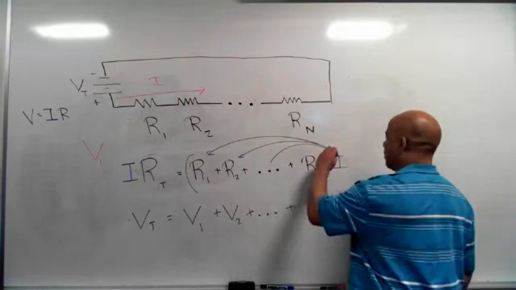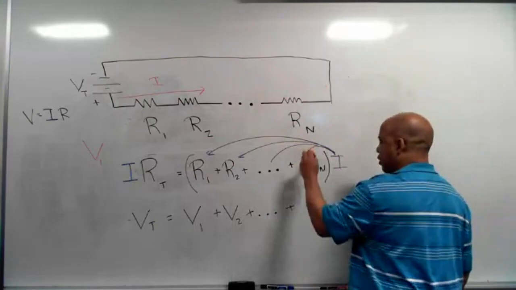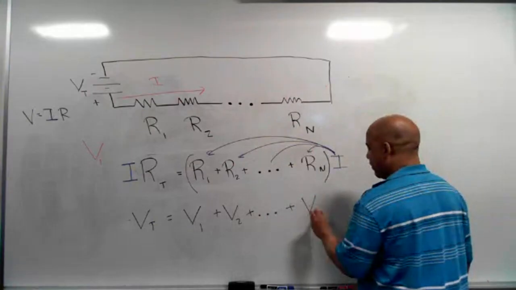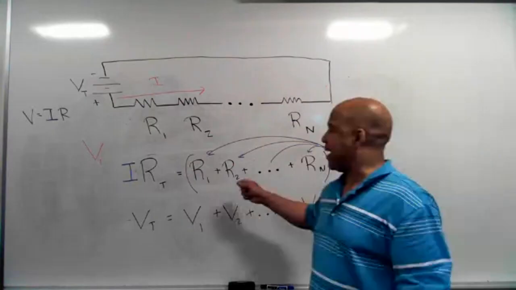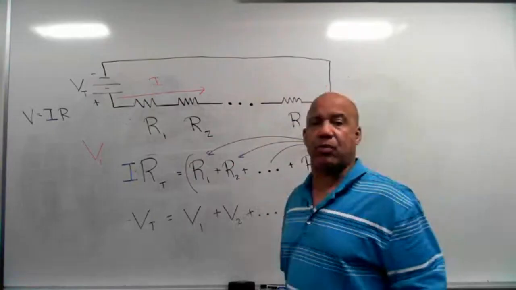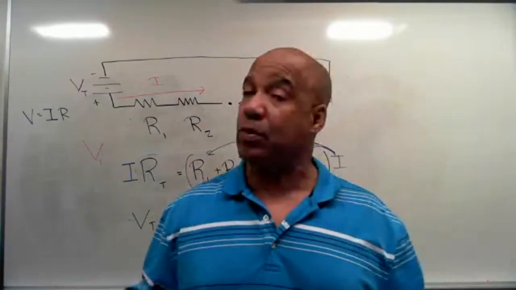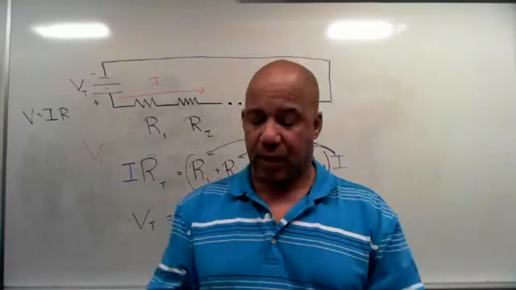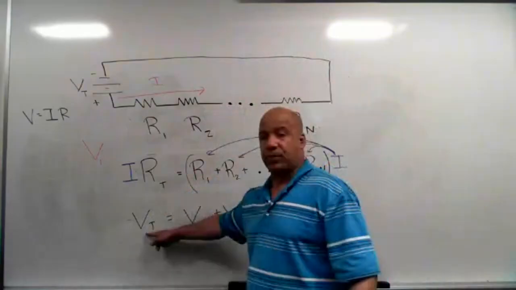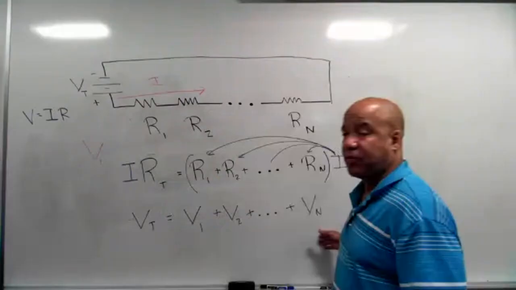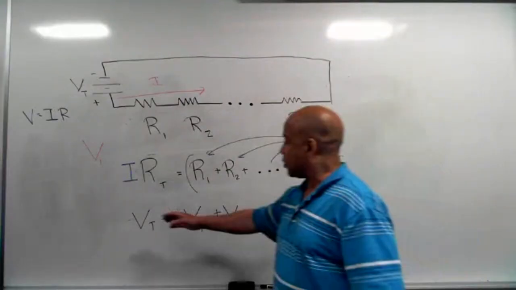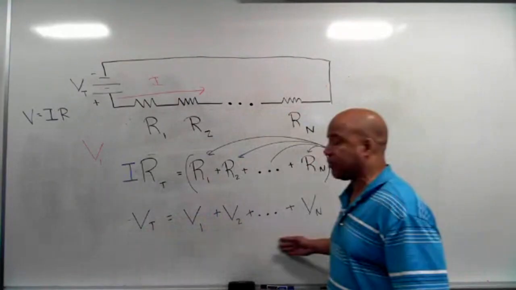All the way to the last one, when I multiply that current times that last term, I get Vn. Now by taking that resistance equation we started with, and multiplying both sides of it by current, we get this new relationship. It says that the total voltage is equal to the sum of the voltage drops.